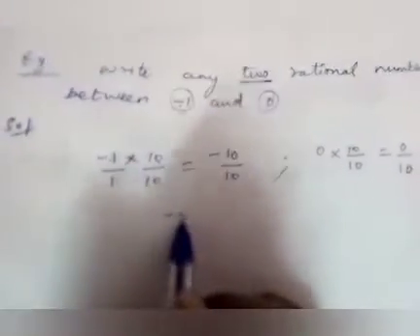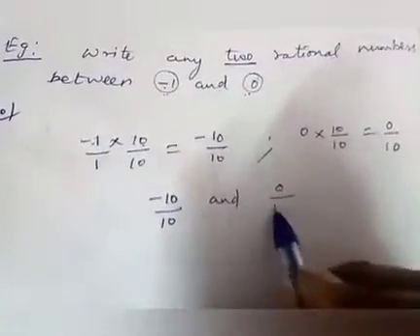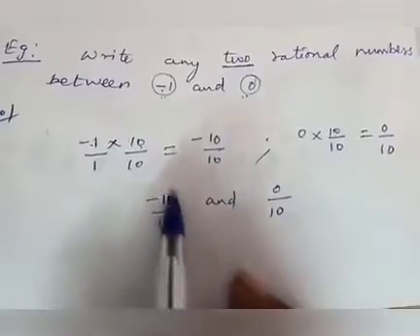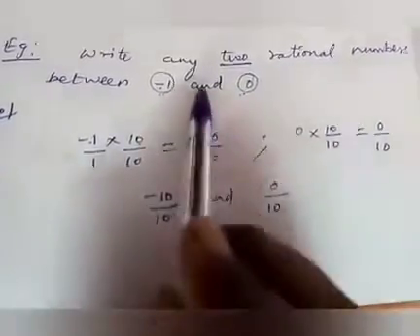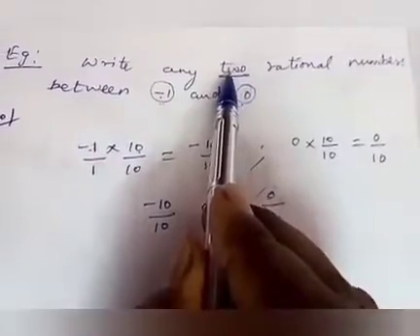Then 0 can be written by multiplying and dividing by 10. So 0 into 10 is 0 divided by 10. Now we have minus 10 divided by 10 and 0 divided by 10. What is the question? Minus 1 and 0, write any two rational numbers.